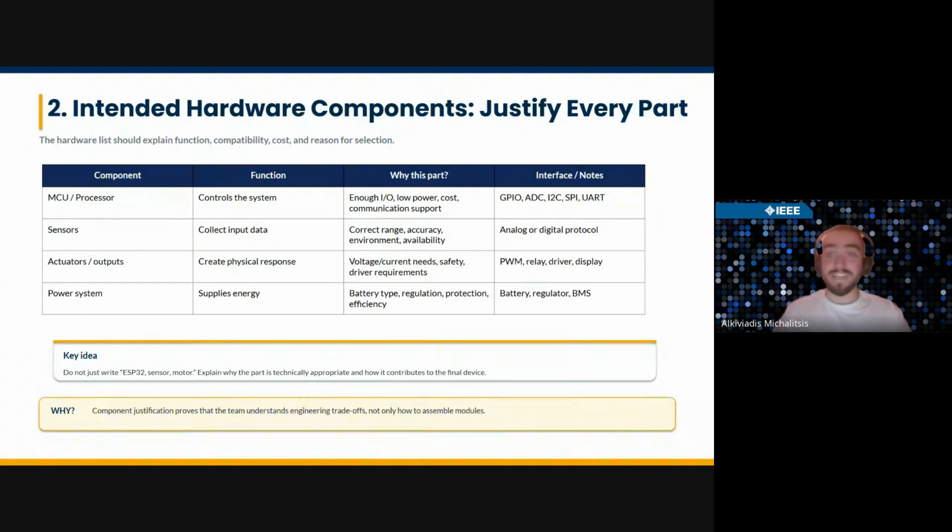So the key idea of all of this: do not just write ESP32 and leave it there, for us to understand why you use it. The judges will not go and download all the datasets and spreadsheets of all the different companies that create microcontrollers, sensors, and so on. You are the ones supposed to give us exactly what we need for them to evaluate you later on.